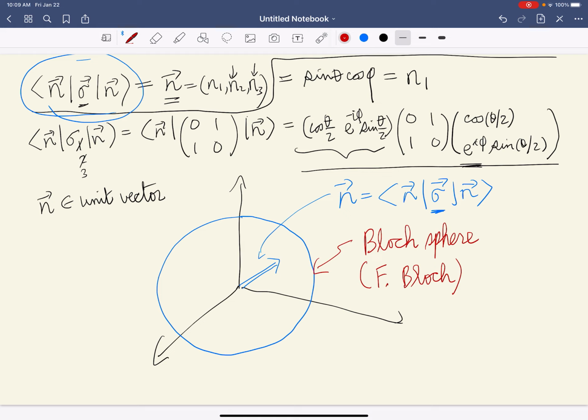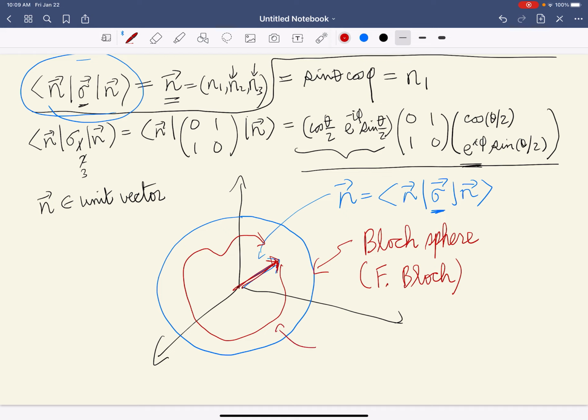Okay, so the lesson is that the time evolution of a two-level quantum state can be pictured as the rotation of this unit vector arrow over time on the surface of this unit sphere called the Bloch sphere.